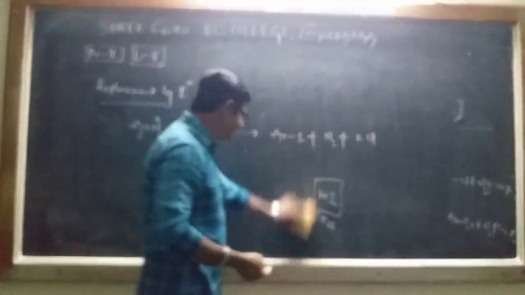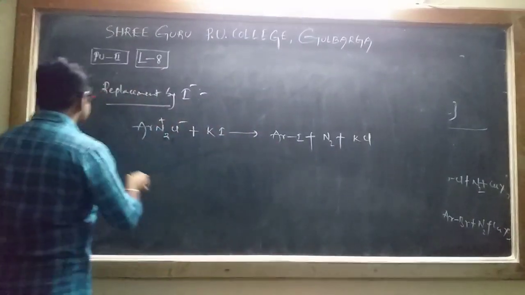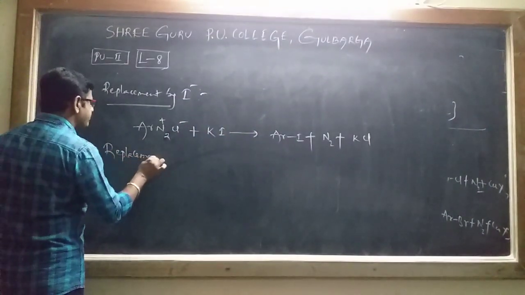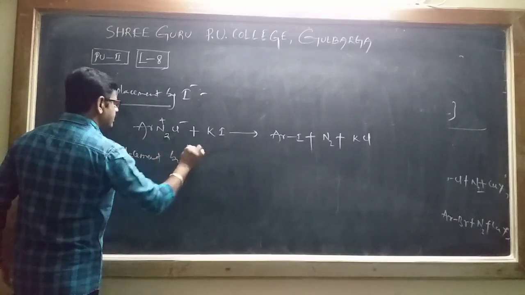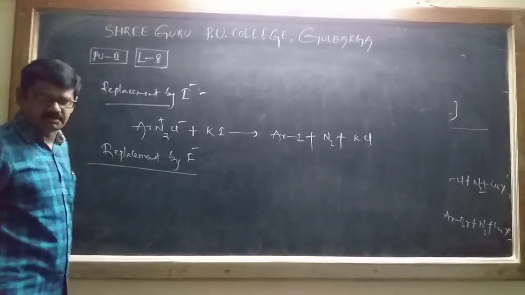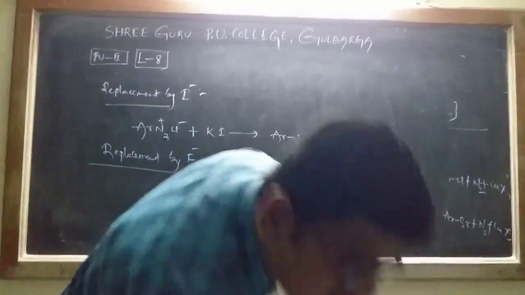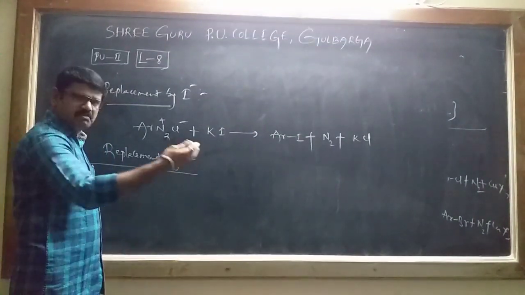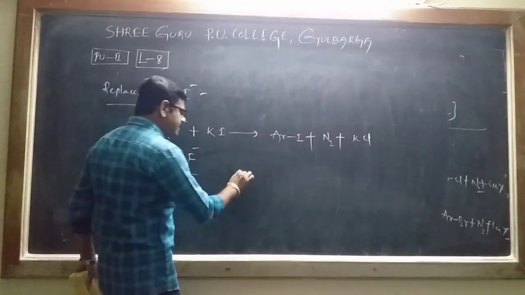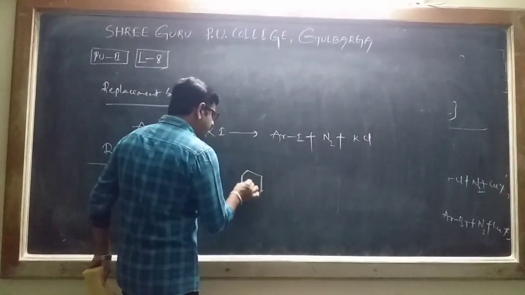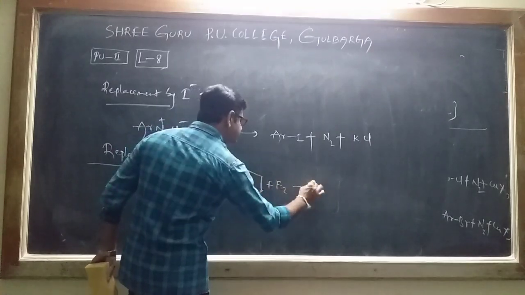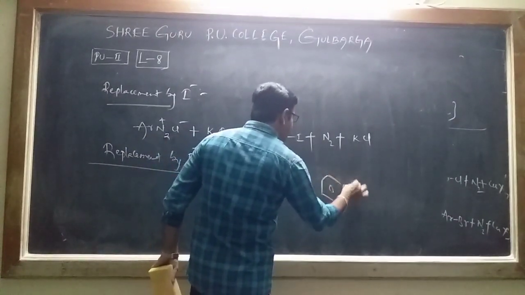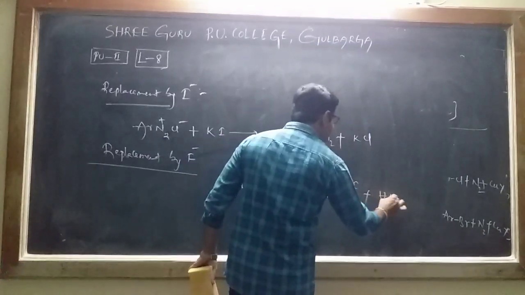Another reaction, replacement by F minus, the chloride ion we are replacing. Here also one important point: normal benzene, if direct fluorination occurs, here also we get fluorobenzene, of course, and HF is obtained.